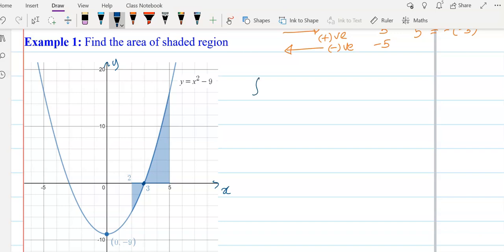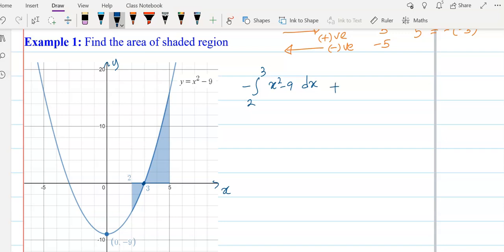So for the shaded area, first I go from 2 to 3, and then it's f(x) dx. In this case, f(x) is x squared minus 9 dx, and this is below the x-axis, hence I get a negative value for that. Therefore, to make it positive, I need to put a minus sign in the front.